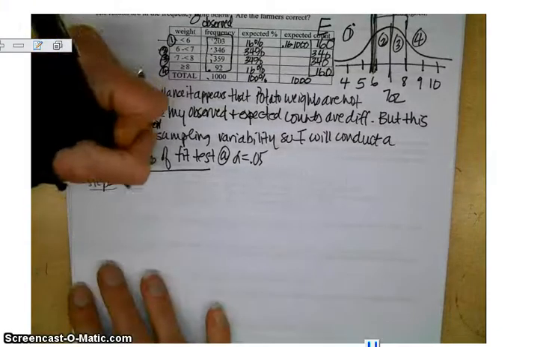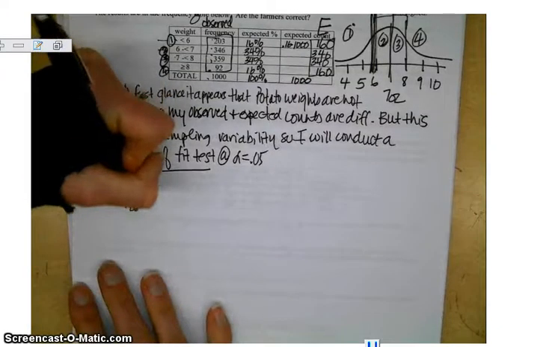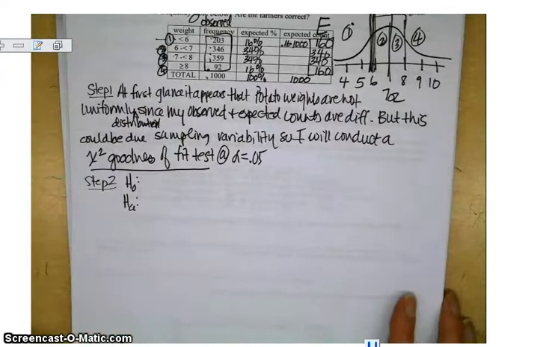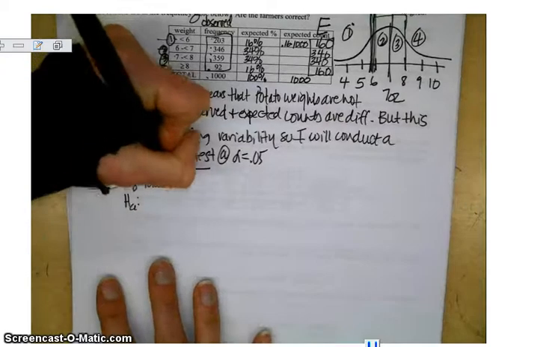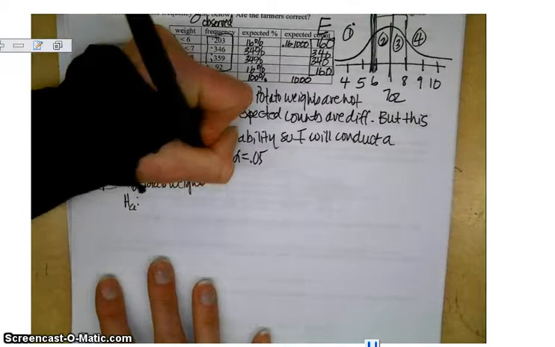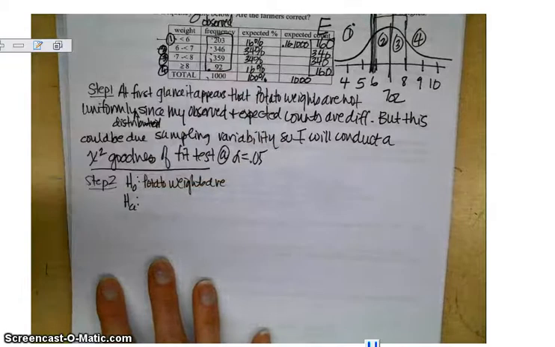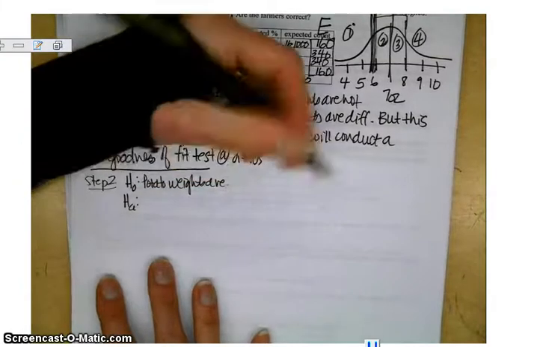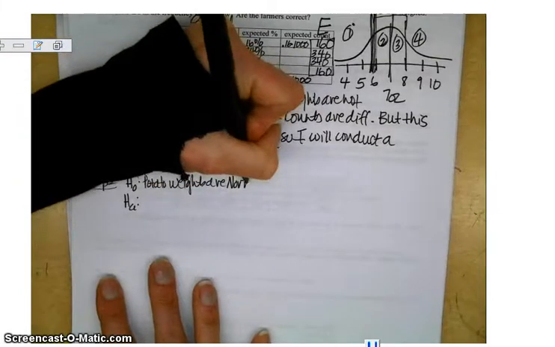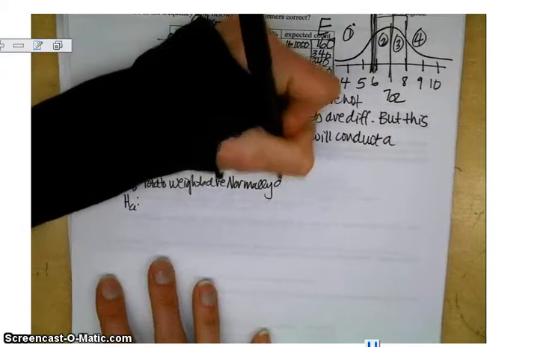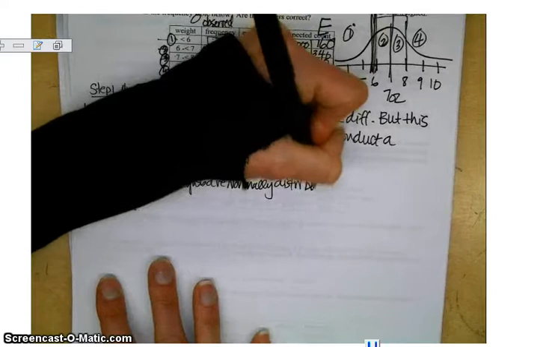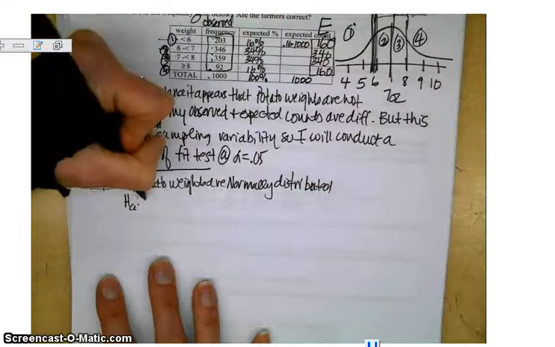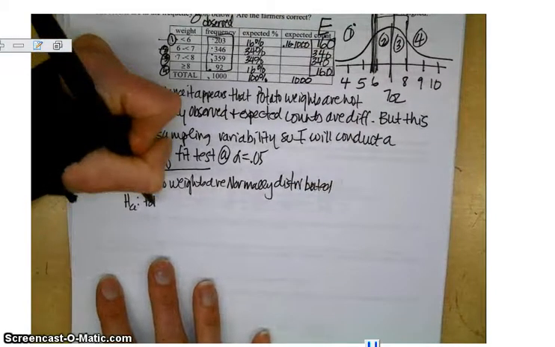Step 2, name my null and my alternative hypothesis. So the null is that potato weights are uniformly distributed. Or, did I say uniformly? I shouldn't have. I meant normally. Potato weights are normally distributed. And the alternative hypothesis is that potato weights are not normally distributed.